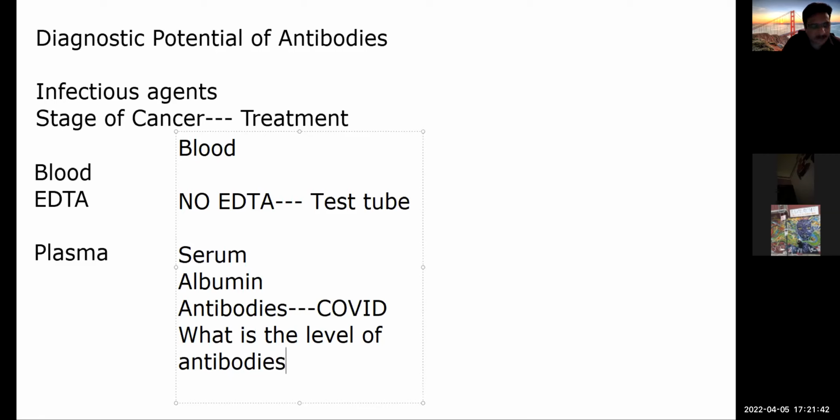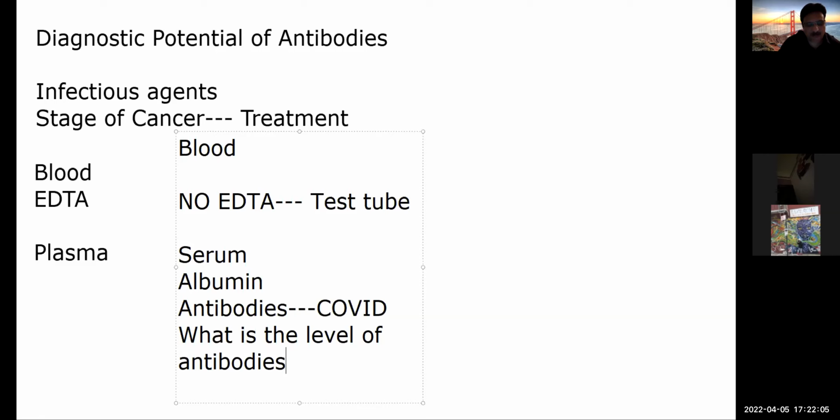And especially we have vaccines. The vaccine is inside our body and our body has reacted to it. So we should have antibodies to the spike protein, because the mRNA vaccine in the case of COVID is designed against the spike protein.